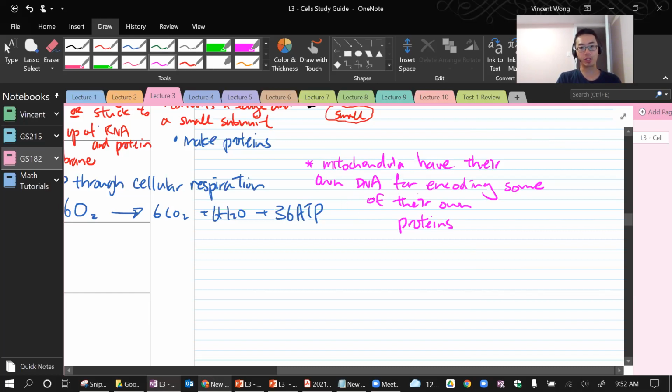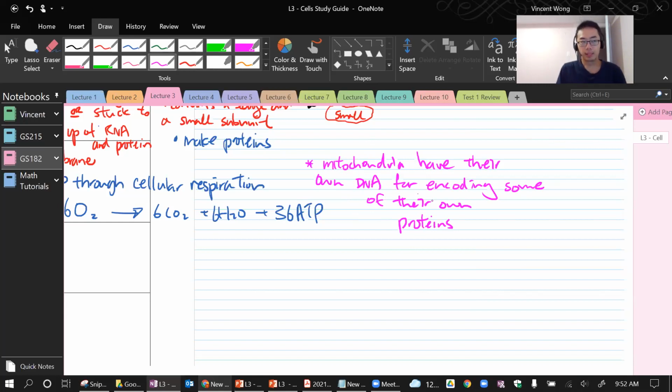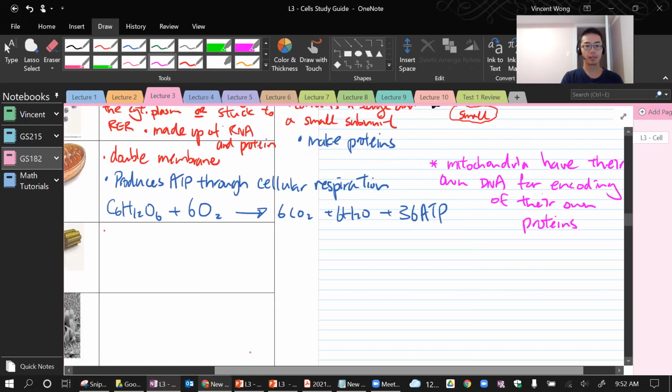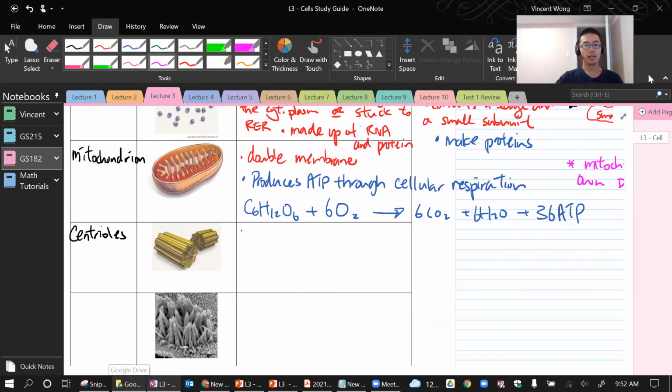If there are some mutations in this DNA, then it could lead to mitochondrial diseases, okay, as opposed to lysosomal diseases, right? So mitochondrial diseases, depending on which gene is mutated, can be related to many different outcomes, okay? Cardiovascular problems, high blood pressure, diabetes, to name a few. Okay, moving on.